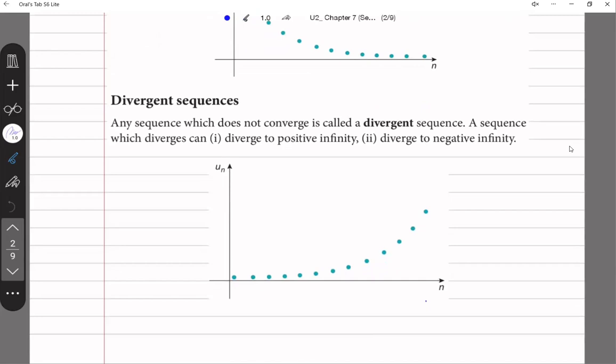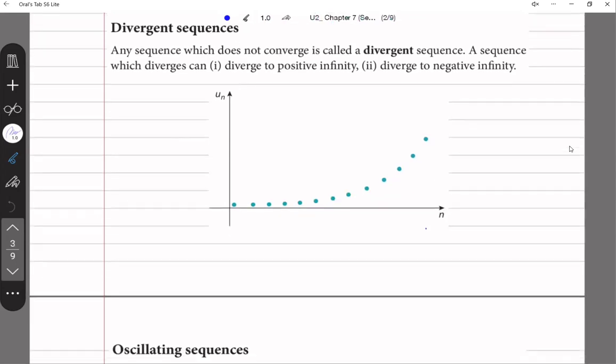Divergent sequence: any sequence which does not converge is called a divergent sequence. A sequence which diverges can, 1, diverge to positive infinity, or 2, diverge to negative infinity.